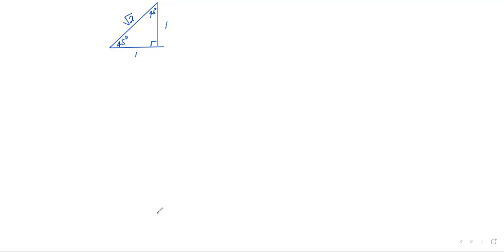Now, here, the sine of 45 is opposite over the hypotenuse, which is the root of 2. And the cos of 45, by definition, is adjacent over hypotenuse.